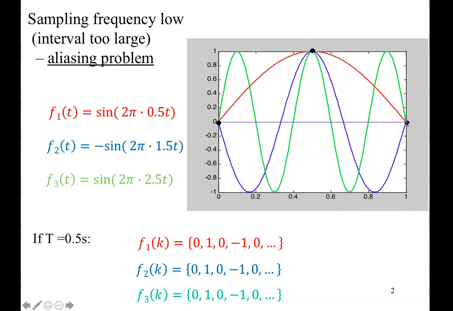Now if I select a sample interval of 0.5 seconds, that means for every half a second, the computer will take a value and convert that into digital form. So at t equal to 0, it takes a value. For red, it's 0.